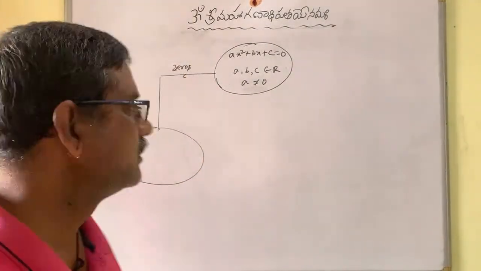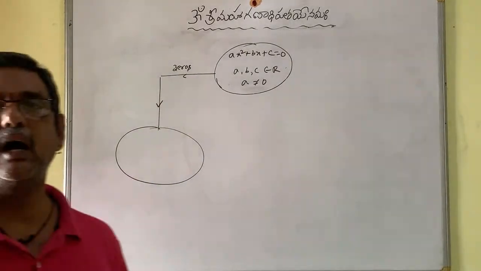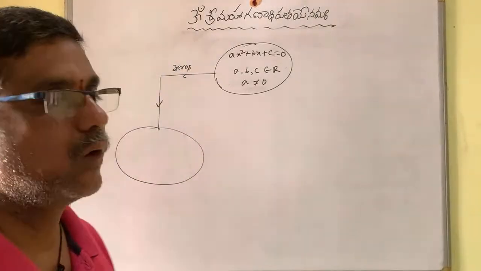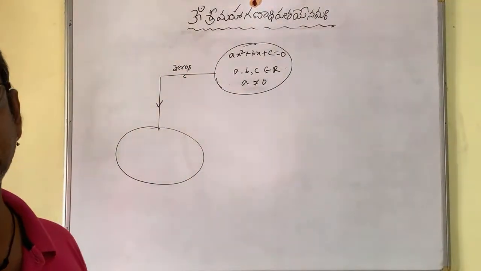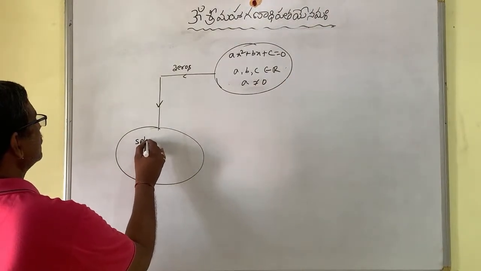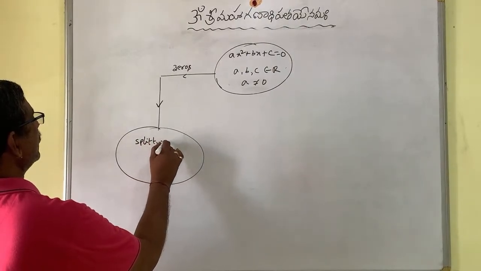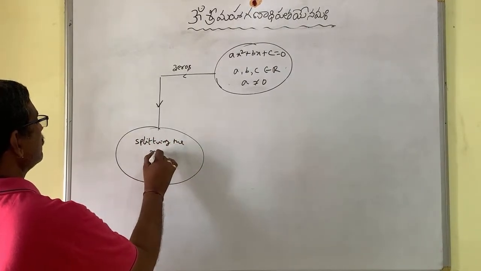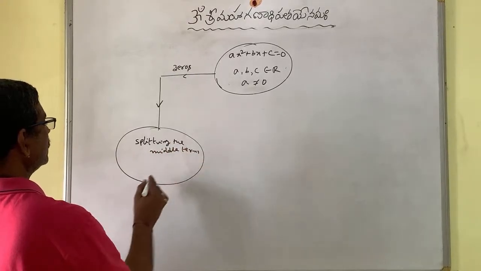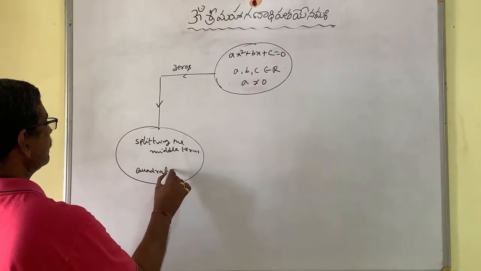But CBSE has taken out 2 of the ways. Only 2 are there for you in the syllabus. What are they? One is splitting the middle term, the other one is the quadratic formula.